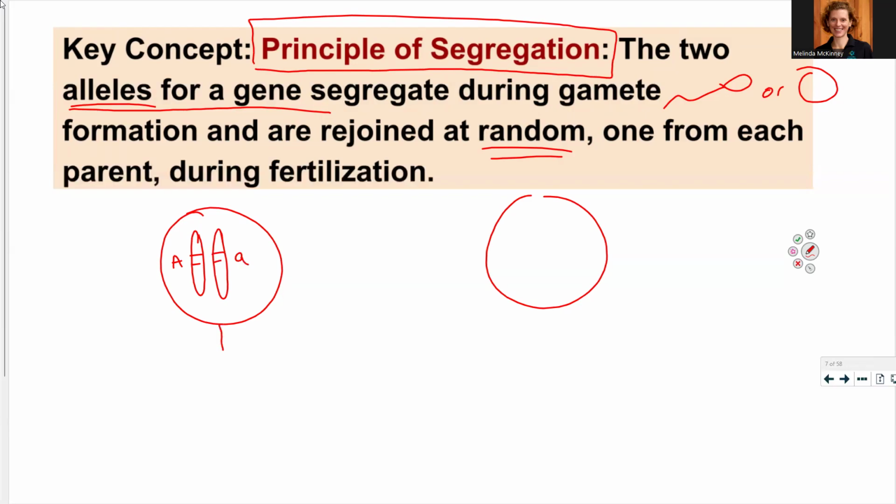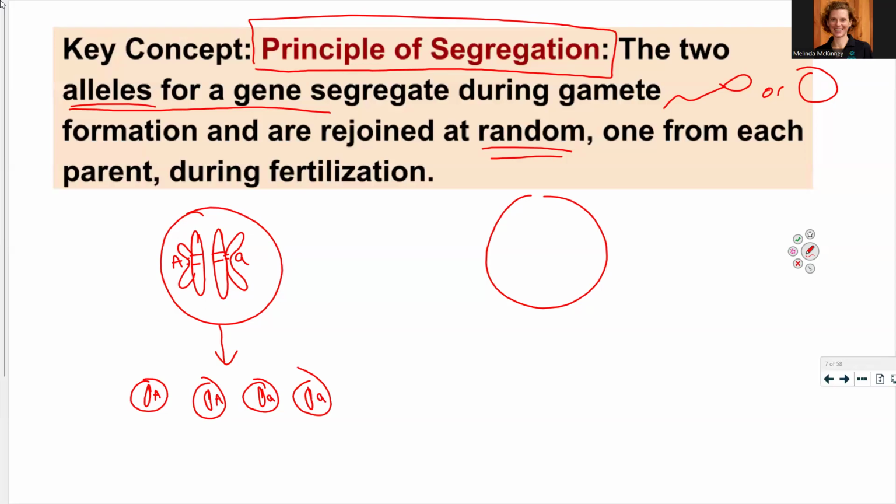When this goes through meiosis and you end up with 4 daughter cells, this would have actually been replicated into sister chromatids, like this, before segregation. You would have 4 daughter cells, and 2 of them would have the capital A and 2 of them would have the lowercase a.